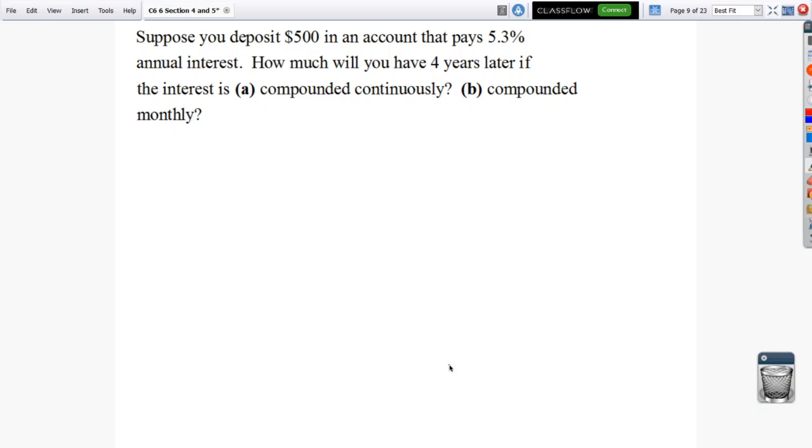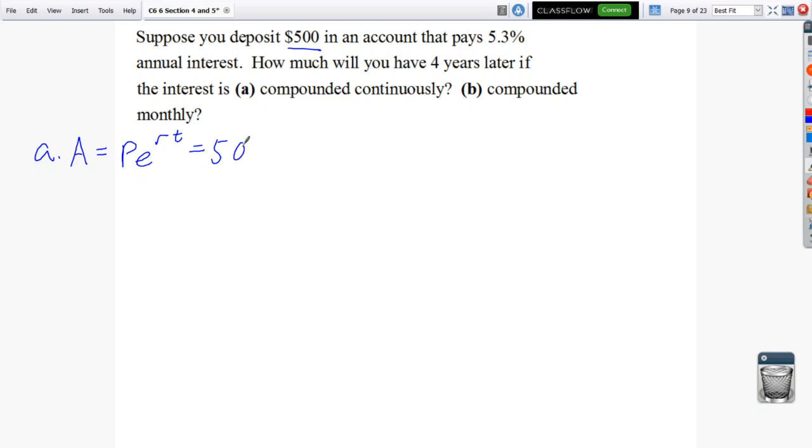So continuously, we have the really easy formula to plug this into, the PERT formula. For part A, our amount in our account is going to be dependent on several different variables. We have our principal amount. Remember, A is equal to P e to the rt. Our principal in this case is going to be $500.